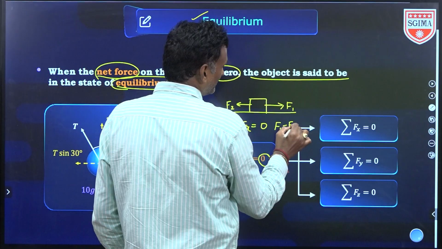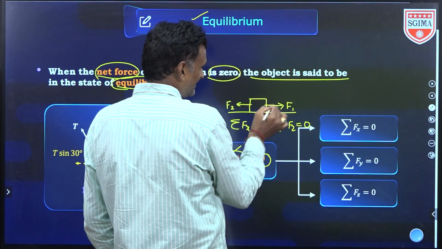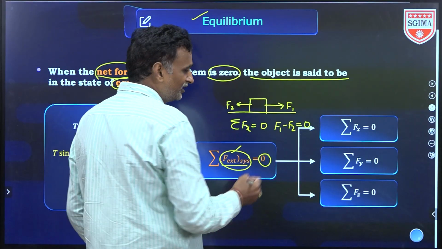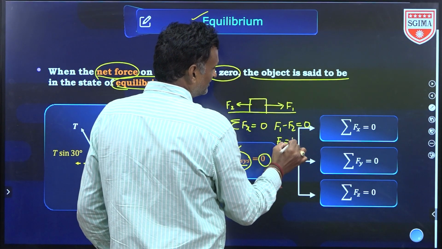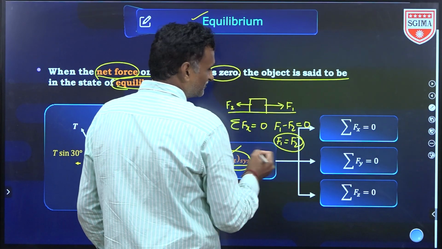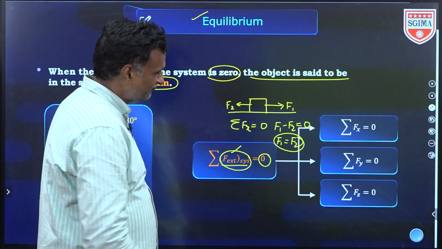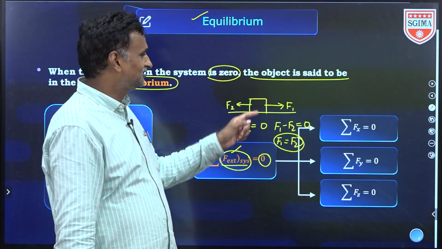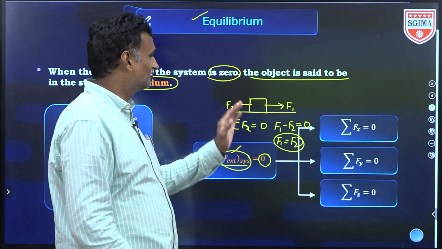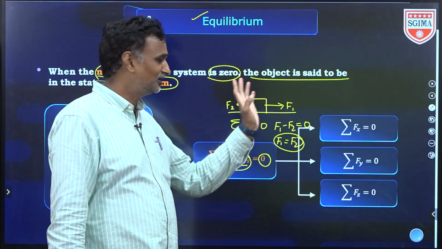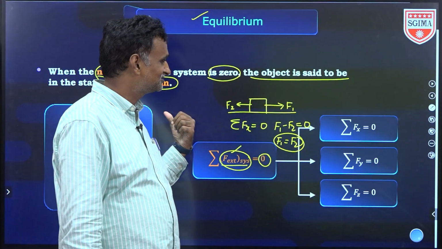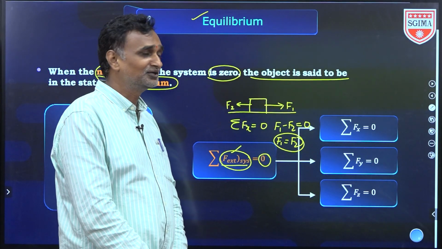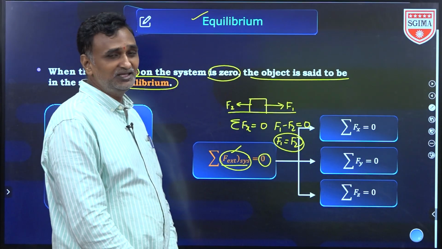F1 minus F2 equal to 0, because depending on direction I took minus here. Then F1 equals F2, and the net force acting on the system is 0. So it is in equilibrium, which is not moving in either direction, not in the x-axis positive direction, nor in the x-axis negative direction. Then it is said to be in equilibrium.